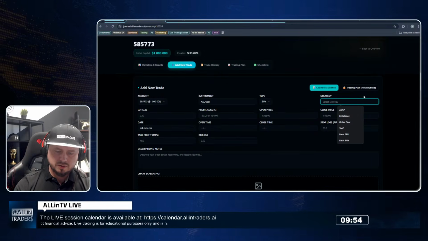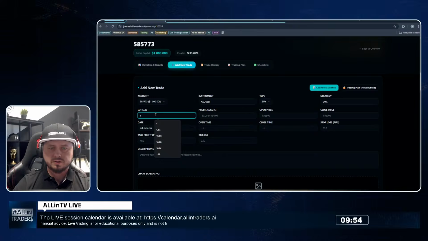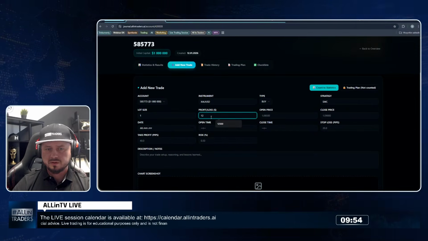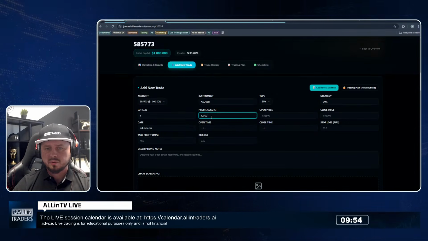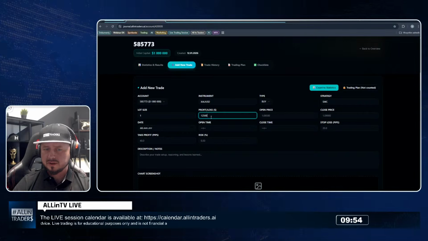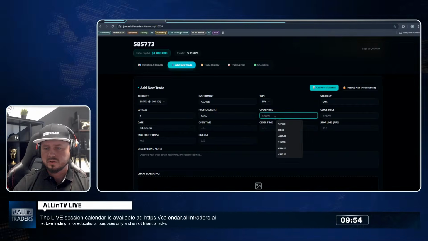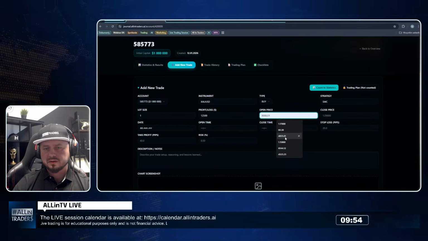Strategy, smart money, lot size, not sure yet. Profit, I think we're gonna look for $2,500. Yes, because I'm gonna try to risk 0.25, which is around $2,500, and I will try to make a 1 to 5 risk to reward ratio. So my target is $12,500.